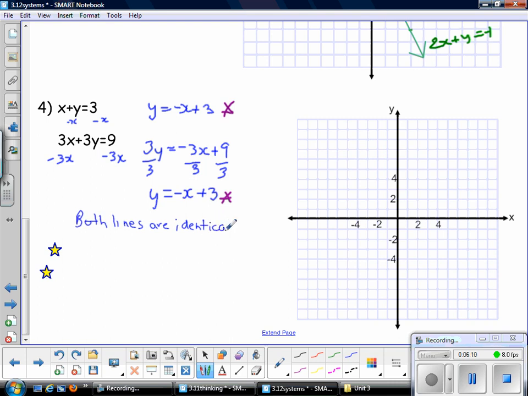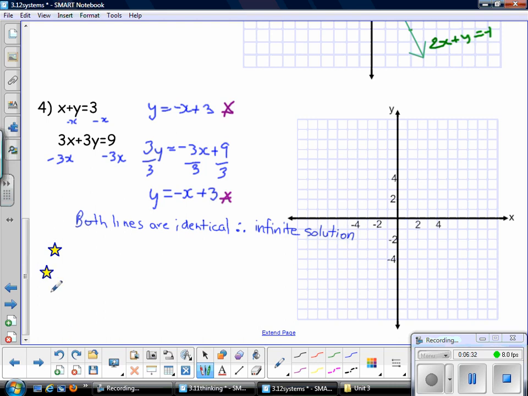And what does that mean? Therefore, infinite solutions. So if you discover that they are identical, the answer is infinite solutions.